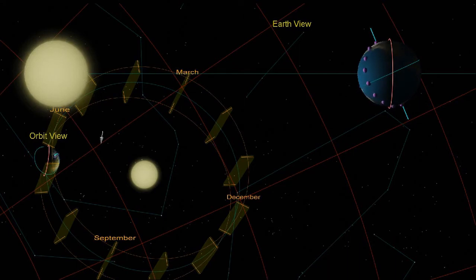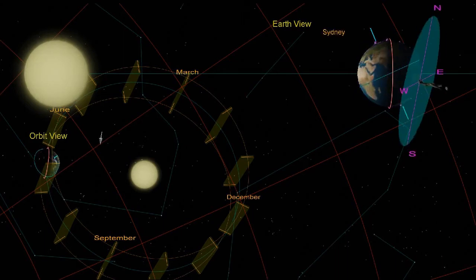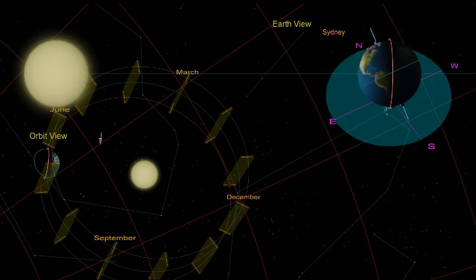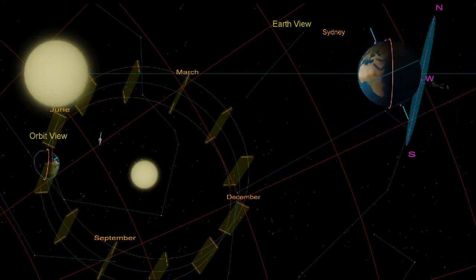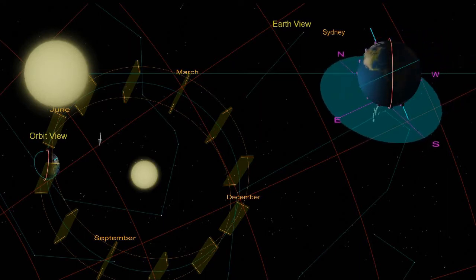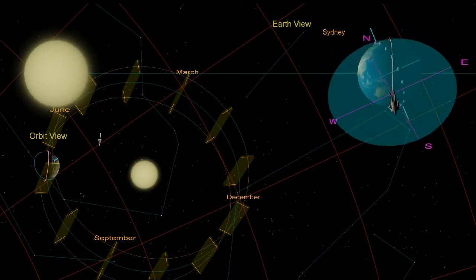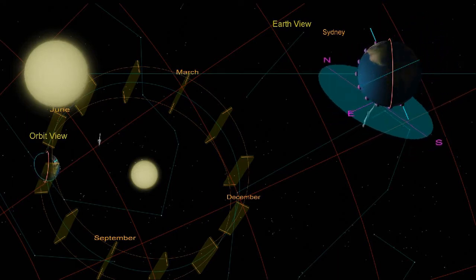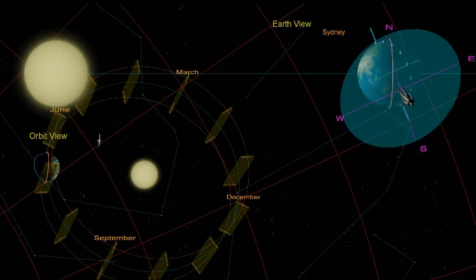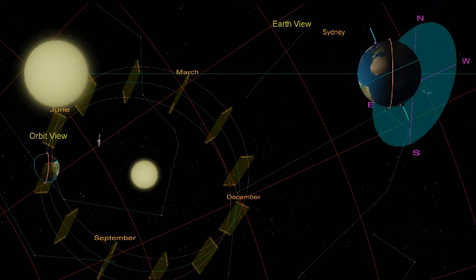Now I'm going to introduce a figure standing on the surface of the Earth. This figure is standing in Sydney, Australia. And as the Earth rotates, you can see how its orientation in space is changing. I've also drawn on a blue disk.